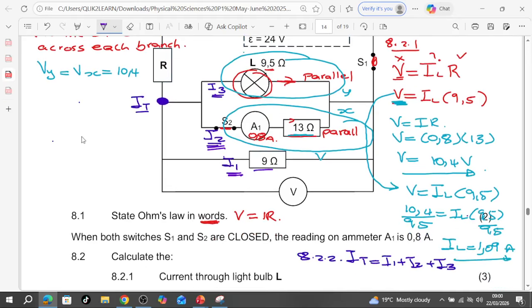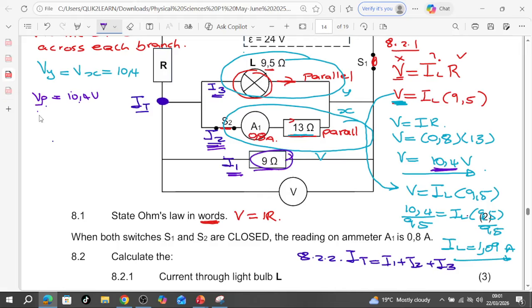So we can use that to our advantage. The voltage for the parallel was, what was that? We did calculate this, 10.4 V. So we're going to use that 10.4 V, which is the V parallel, for the 9 ohm resistor.